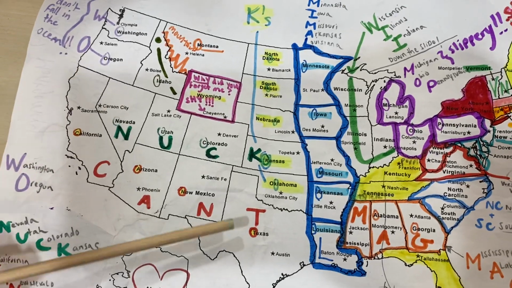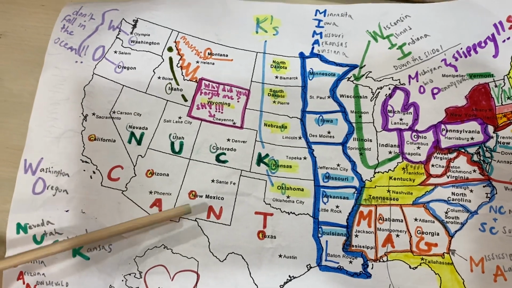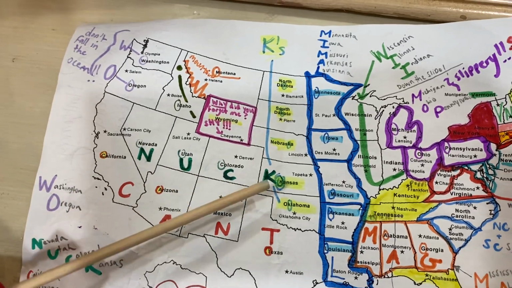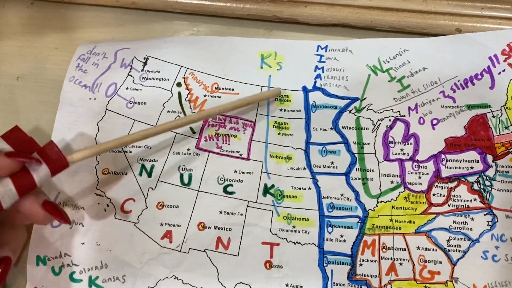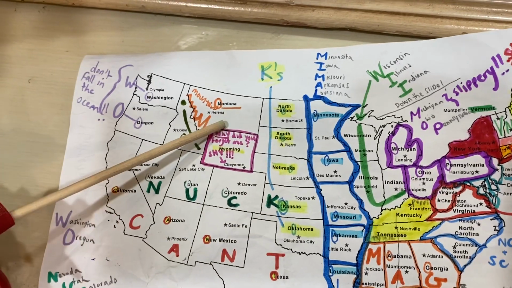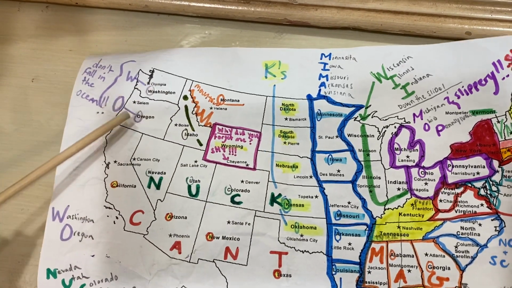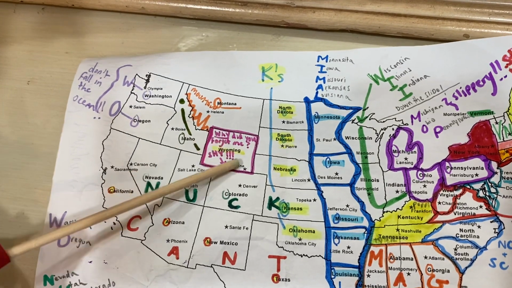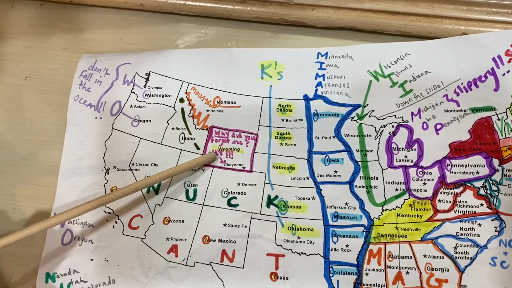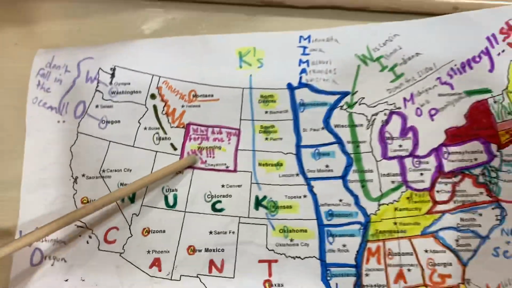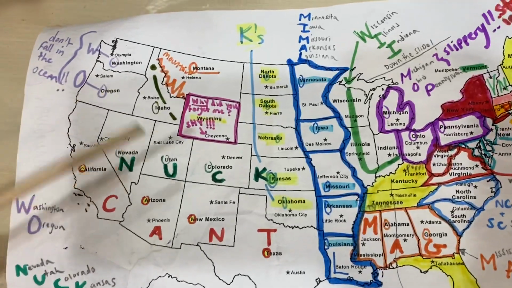We had California, Arizona, New Mexico, Texas, Nevada, Utah, Colorado, Kansas, all the Ks, North Dakota, South Dakota, Nebraska, Kansas, Oklahoma. Then we went to Montana. Then we went to Washington, Oregon, and we didn't fall in the ocean. And then we didn't forget about Wyoming. Why did you forget me? We didn't. You are shy. Cheyenne, Wyoming.